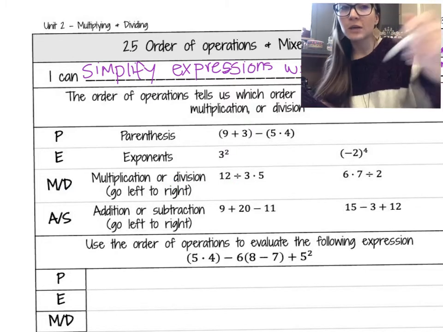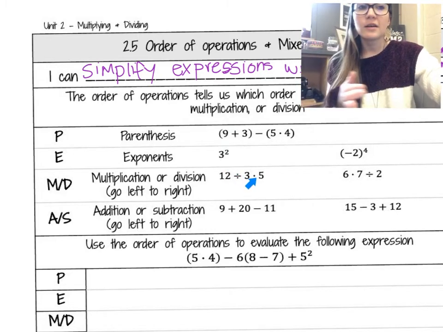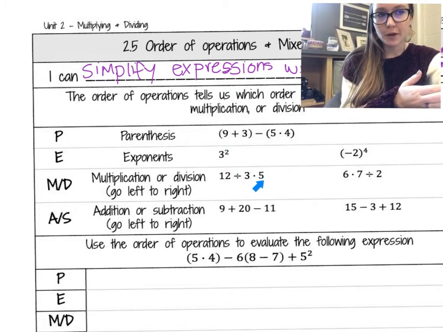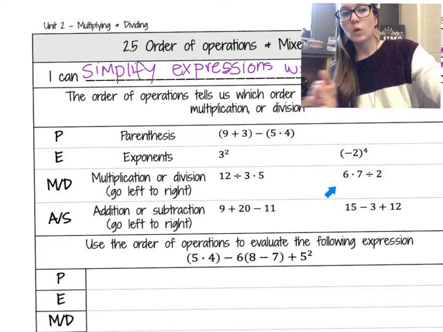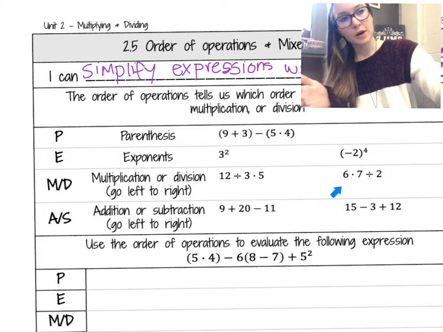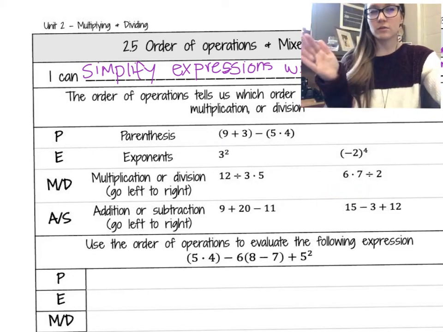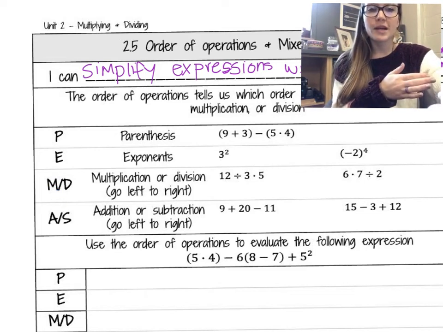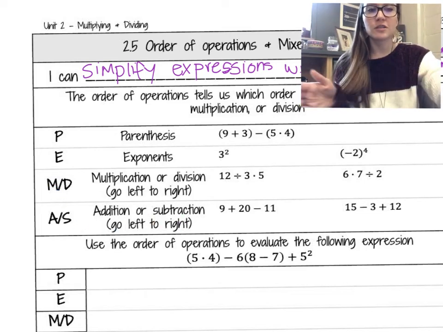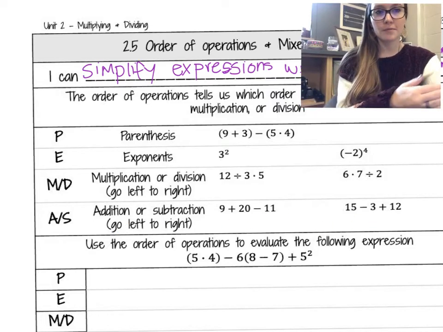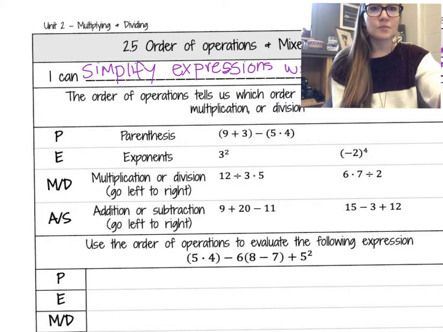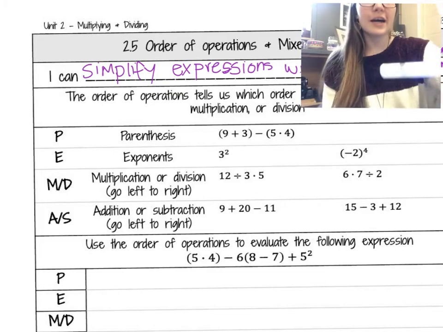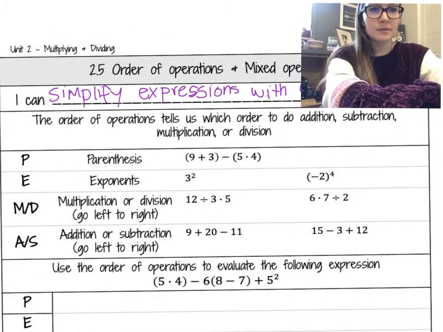So if division comes first, you're going to do that. Then moving to the right, multiply after. Or if multiplying happens first in the problem, then division, left to right, just like we read. So after we've done that, we're going to do addition or subtraction, again going left to right. So let's simplify each of these steps.